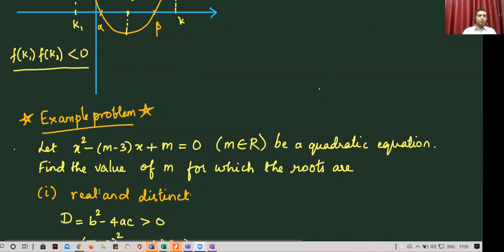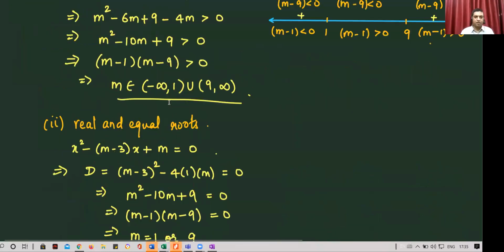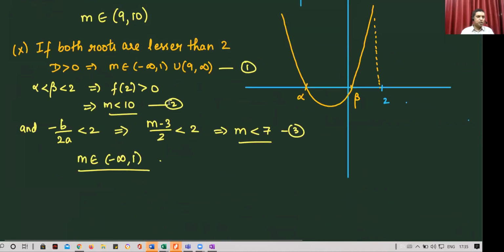Find the values of m for which various conditions hold: roots are real, distinct, and so on. We completed both roots are lesser than 2. Okay, next.